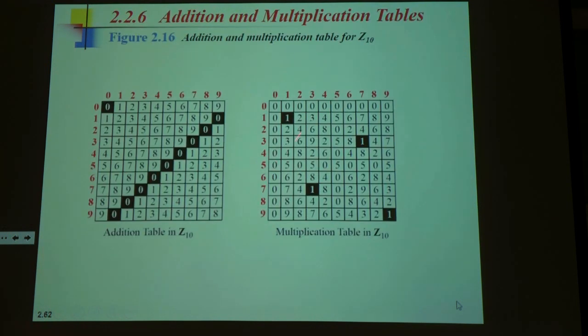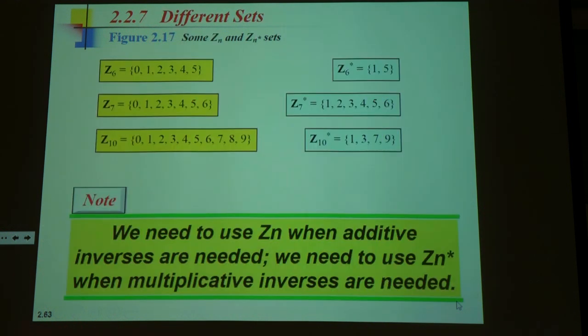As you see here, the addition and multiplication tables. This is the addition table. The multiplicative one does not include everyone. This is for Z10, right? So different sets, Z7, whatever. We need to use Zn when additive inverses are needed, and Zn asterisk when multiplicative inverses are needed. So the asterisk means we are looking for the multiplicative inverse set.